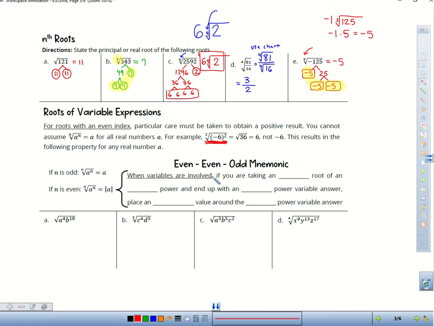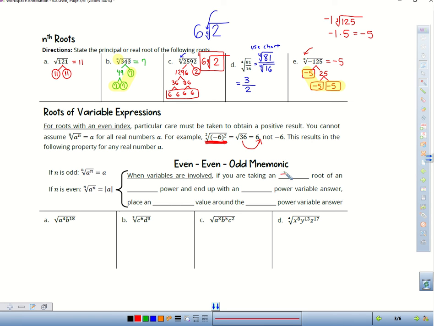What's the square root of 36? The answer is 6, okay? Oh, there we go. Yeah. So, see how the answer you get is not what you started with inside the radical? Yeah. That's because of this even root index rule. So we're going to talk about how we deal with that.